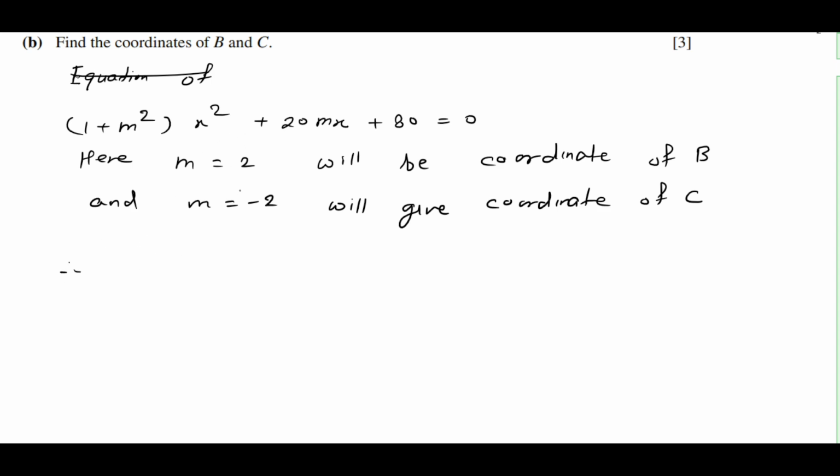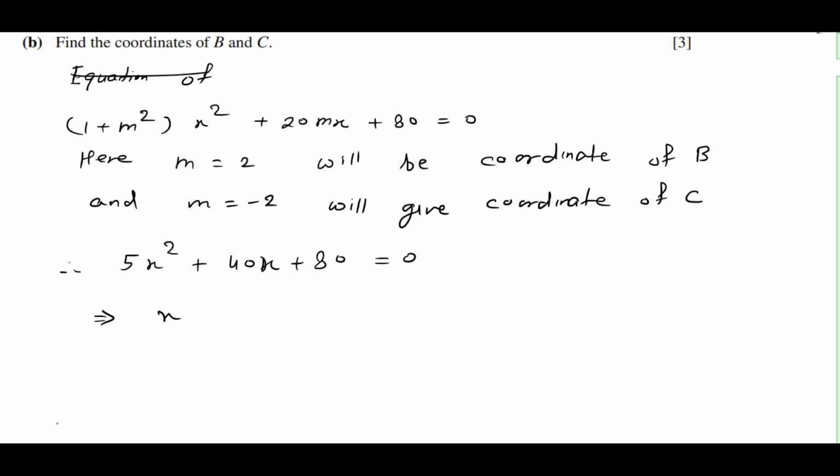Okay, so first I will replace m with 2. Therefore 1 + 4, which is 5, times x², plus 40x plus 80 = 0.